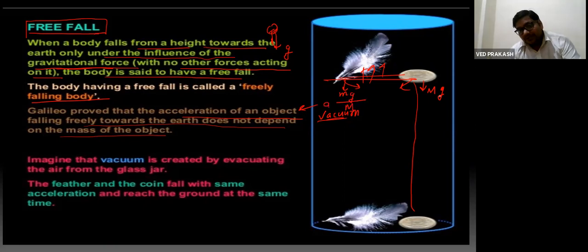So this mass will cancel out, and here we divide by the mass of the coin, and that will also cancel out. So in both cases we get the same value of g. Both will start falling downward with the same acceleration, equal to g, 9.8 meters per second squared. The feather and coin fall with the same acceleration and reach the ground at the same time.